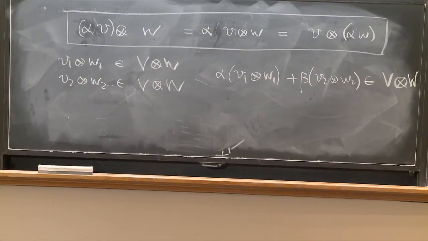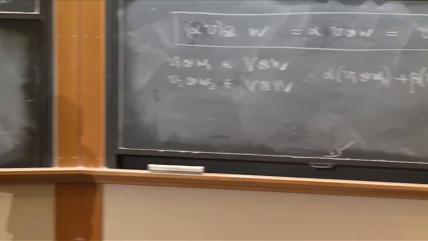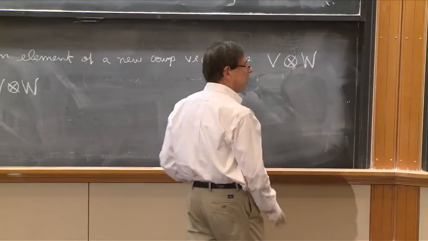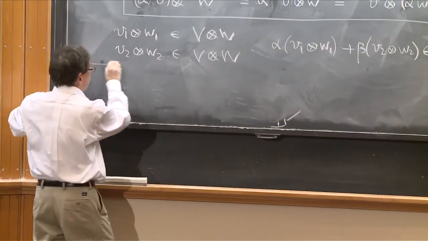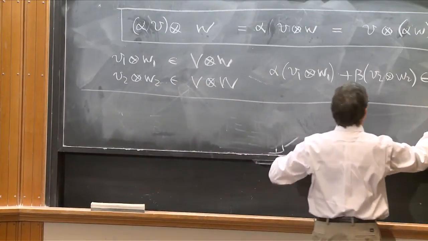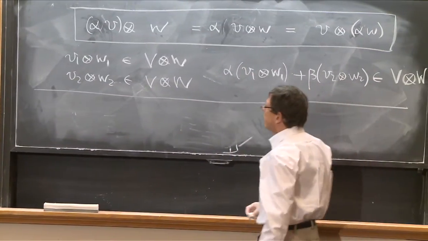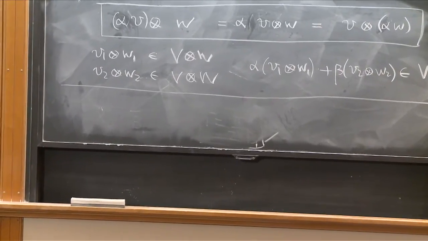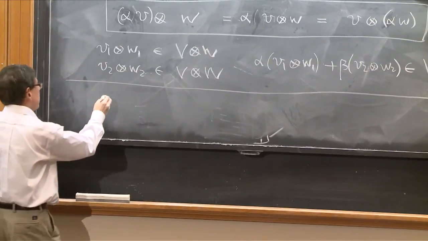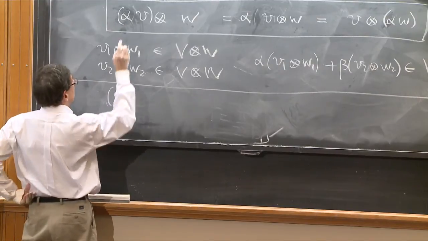So something new has happened by taking this idea slowly and figuring out what's going on. But we need yet one more thing to cut down this tensor product. This tensor product is still a little bigger than what you may want it to be in the following sense.